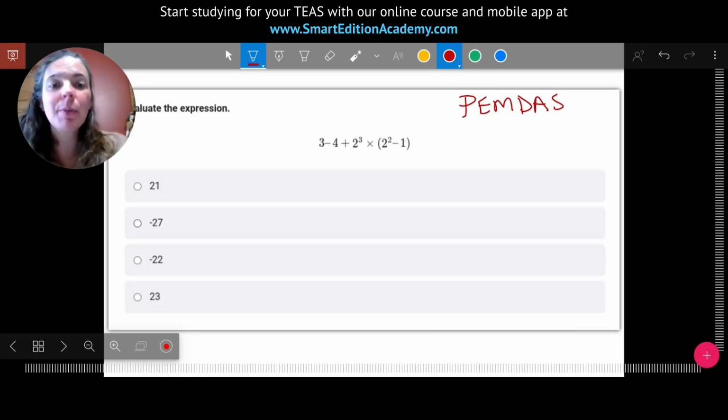Okay, so we have to do those parentheses first. If you're getting started, keep working on it on your own. If you need a little help, look at the parentheses first and then deal with that exponent 2 squared to see what happens next.